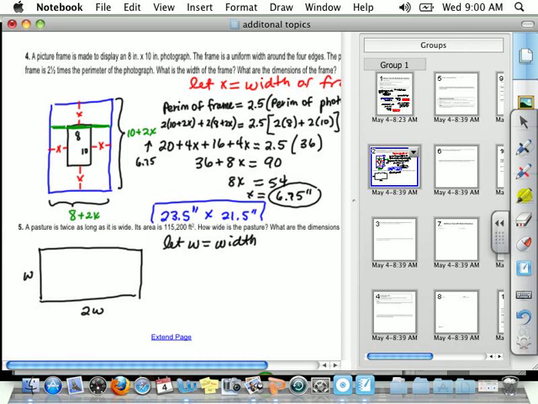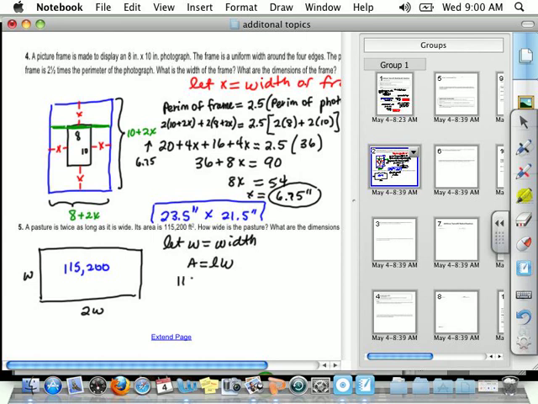Usually I'll write the area inside. So I have 115,200 square feet. So now we need to come up with an equation. So how do I do the area of a rectangle? That's it. So area equals length times width.